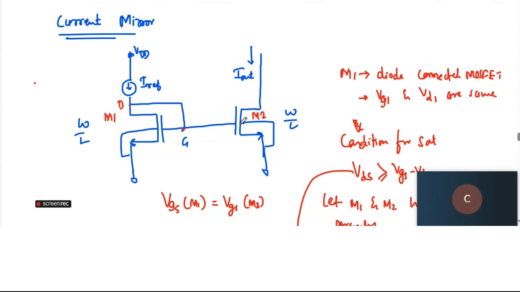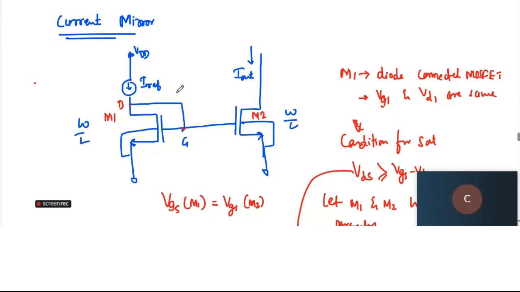Because two similar MOSFETs are given the same VGS, and M1 is already in the saturation region, the current flowing in M1 will be exactly mirrored into I out. Your I out will be exactly the same as your I reference, so the current flowing in M2 will be the same as that of M1. That is basically the concept of a current mirror.